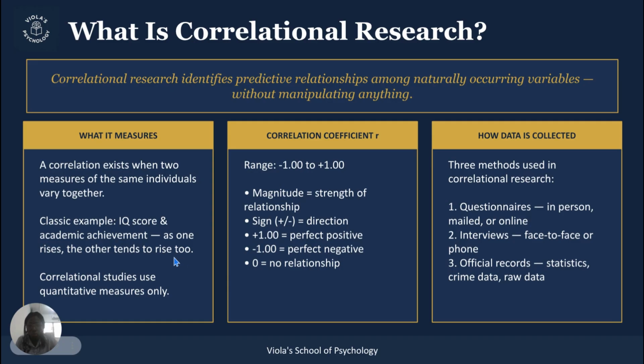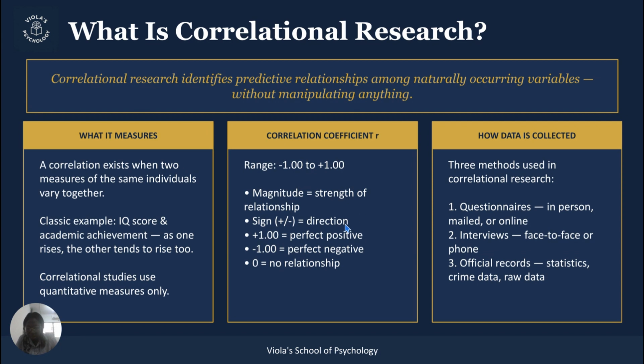All right, so the tool we use to measure this relationship is the correlation coefficient, written as R. It ranges from minus 1.00 to plus 1.00. The magnitude tells you how strong the relationship is.